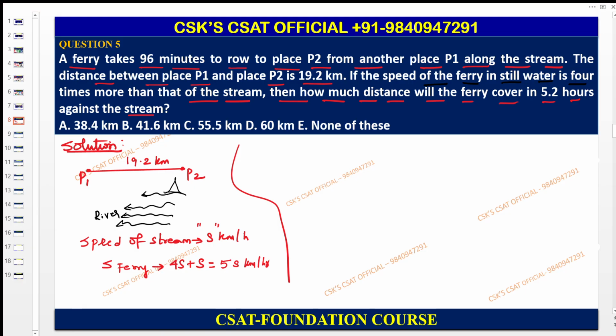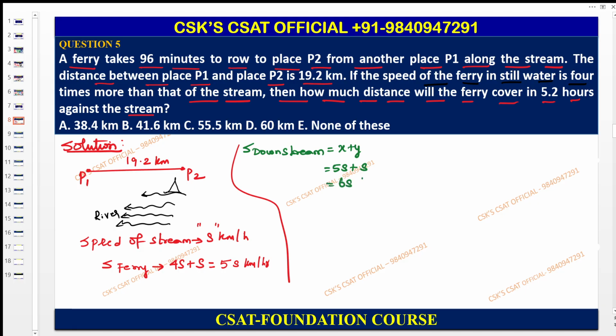After knowing these two, ferry and stream, that is the current, we can find out the downstream speed. Downstream is when both are moving in the same direction, along the river, along the stream, along the current, so you need to add up, x plus y. Yesterday's class also we saw x plus y along the stream.